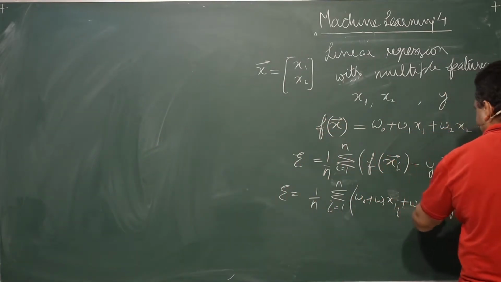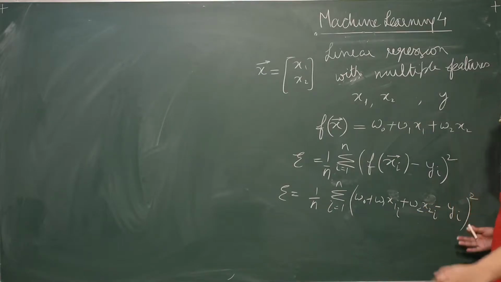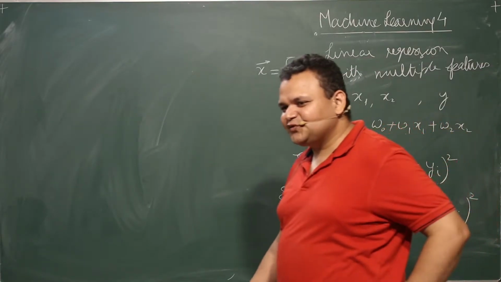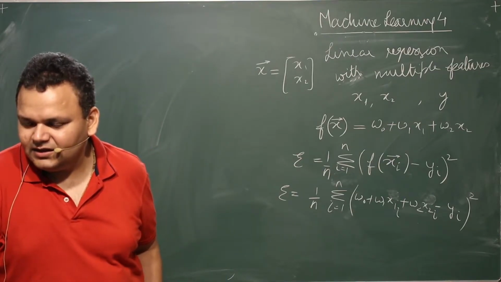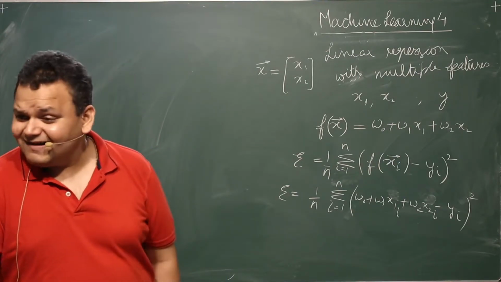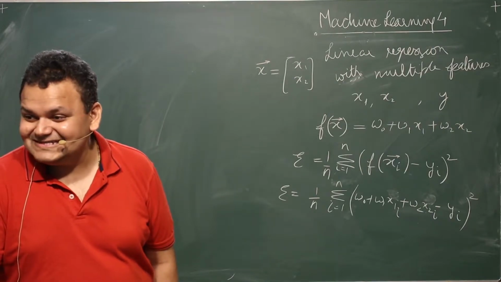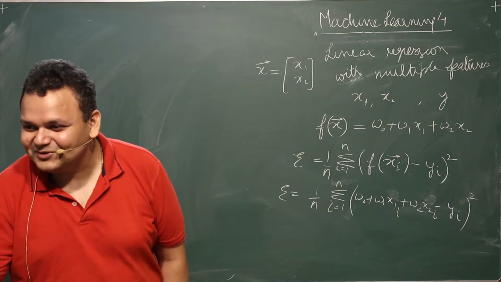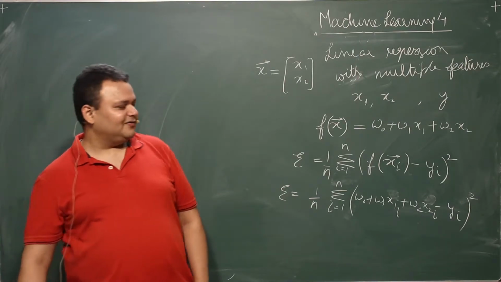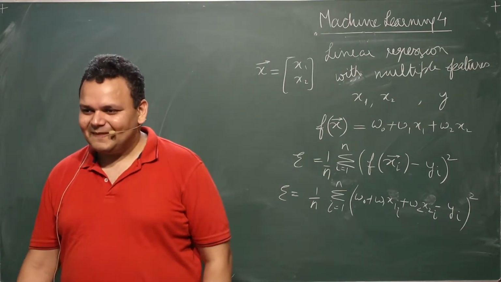So what is x1i, x2i, yi? What are those? Where do I get those from? From our data. They're constant for this particular problem, but where do I get them from? That was my question. Tanya, where do we get this from?